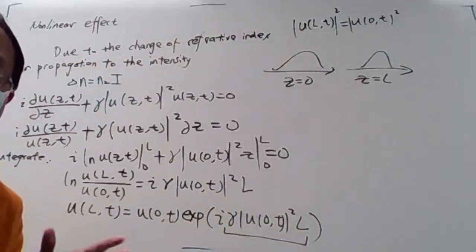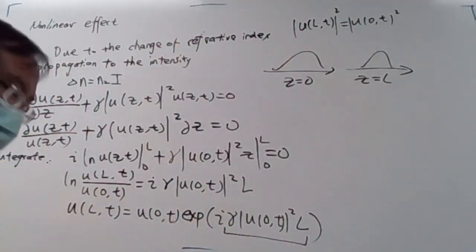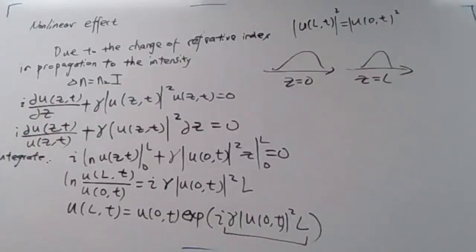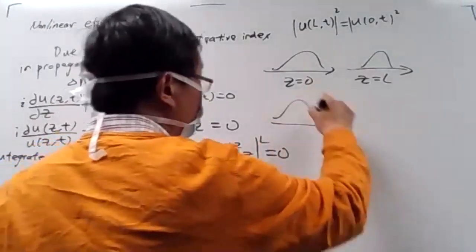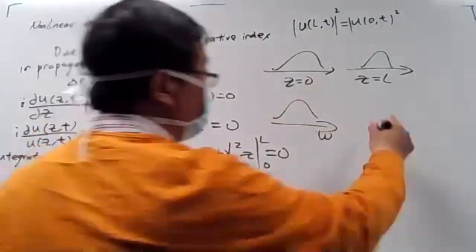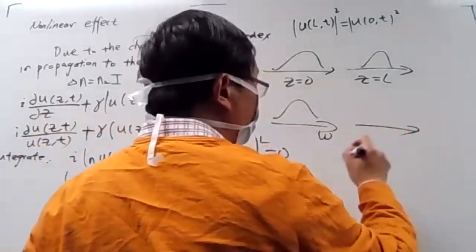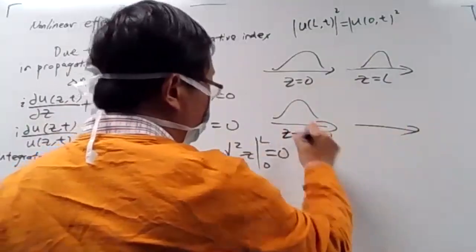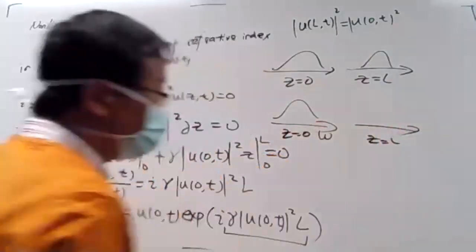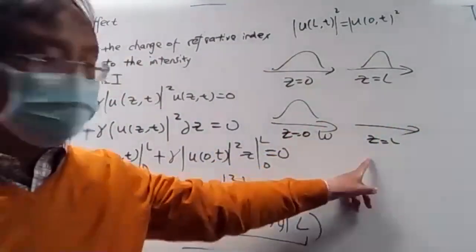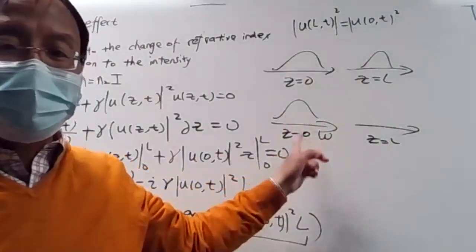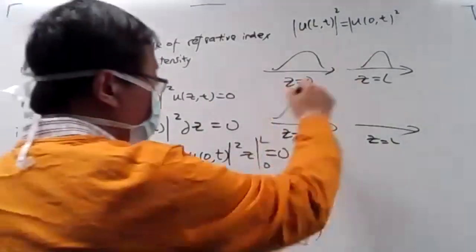But let's recall what we learned from dispersion. In dispersion, you have omega, so this is z equal to 0 and z equal to L. Will you be able to plot the pulse?